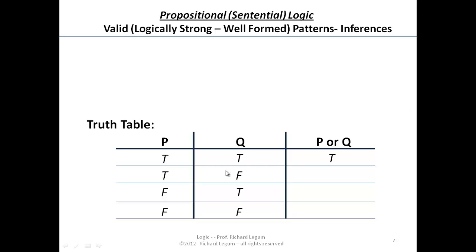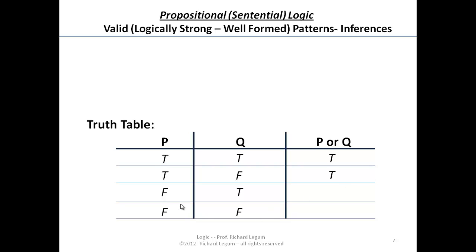Next row, P is true and Q is false, but P or Q says one of the two has to be true in order for the disjunction, disjoining, meaning one or the other is correct. So if P is true and Q is false, nonetheless P or Q is still true.